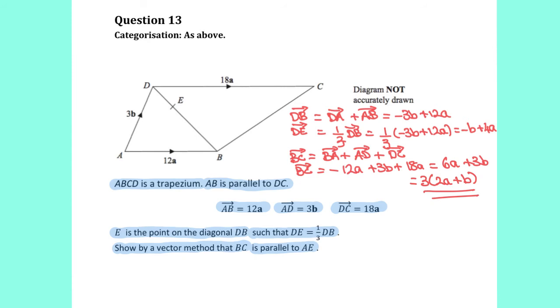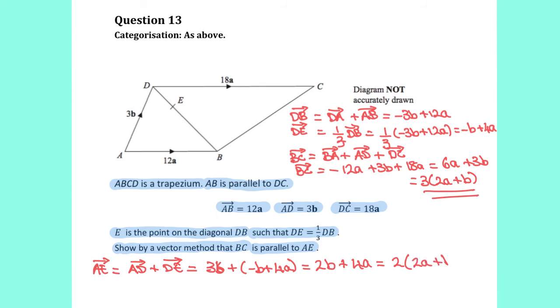Now let's find vector AE. AE is equal to AD plus DE, which is equal to 3b plus minus b plus 4a, which is equal to 2b plus 4a, which is equal to 2 brackets 2a plus b.